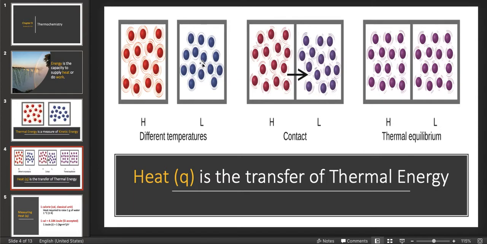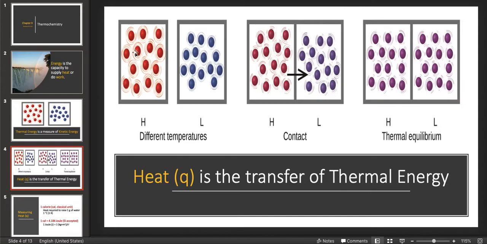Once again, this is something that we all know from experience. It's going to flow until both of these objects reach what is called thermal equilibrium. They have the same amount of thermal energy, which translates to the same temperature.